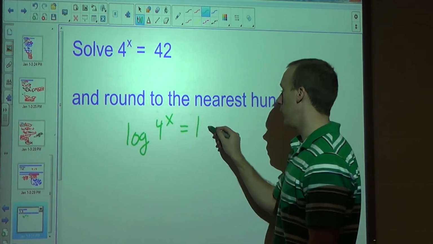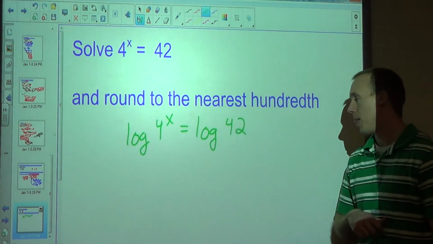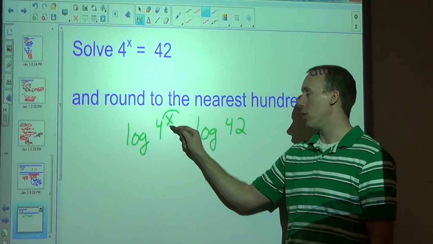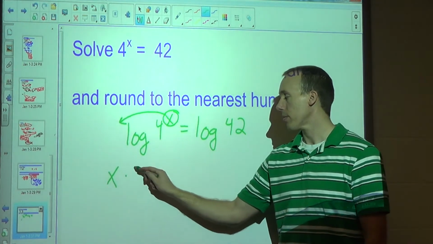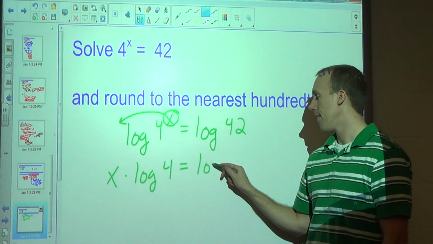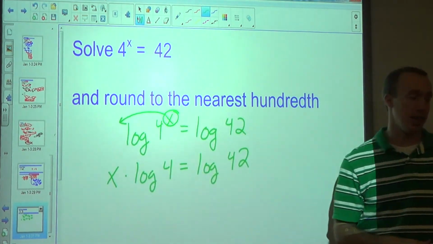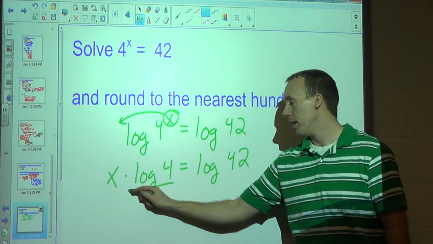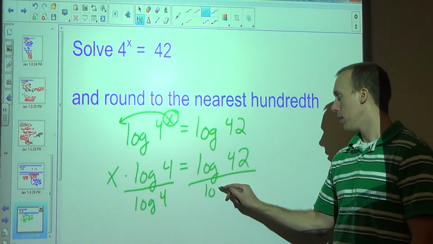What you do to one side, you do to the other. And the reason why we did log is because we can do what with that x now? Move it up in front. And since it's x times that, to get rid of that times, I would divide, and what we do to one side, we do to the other.